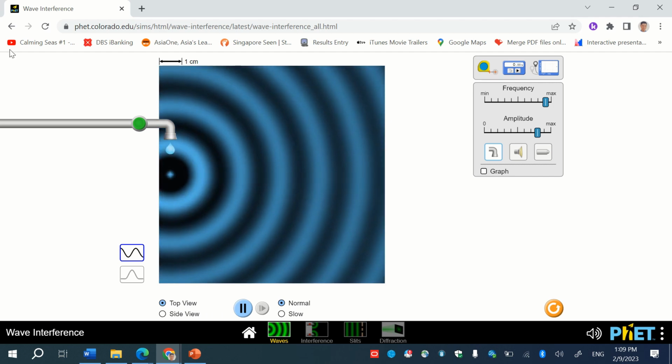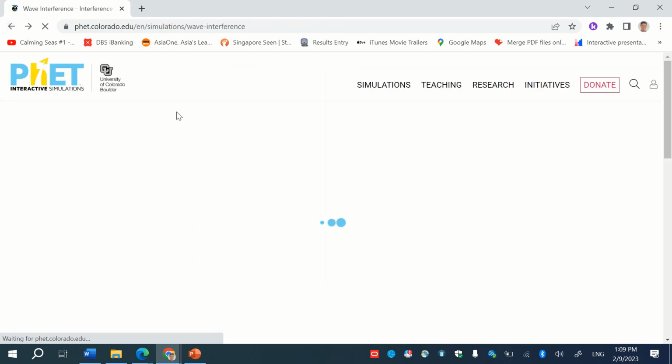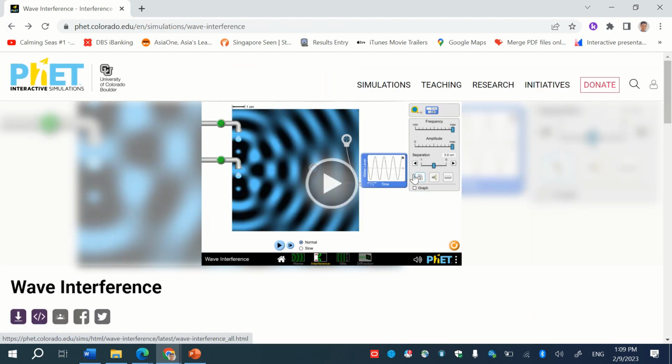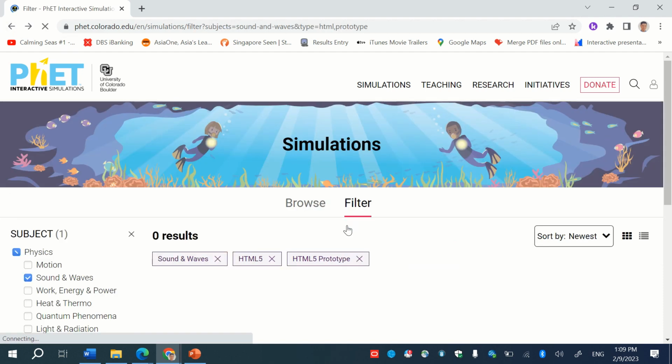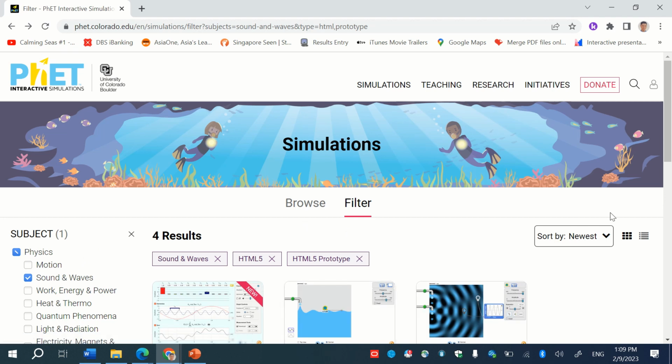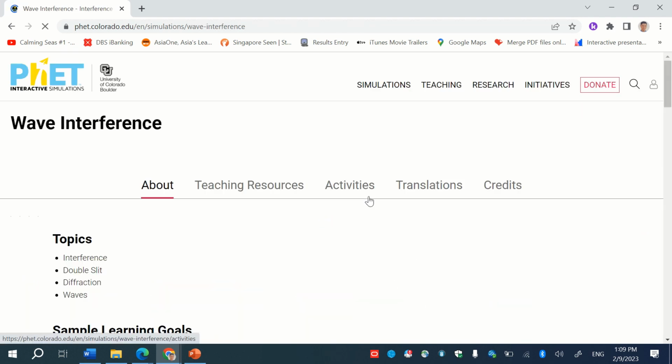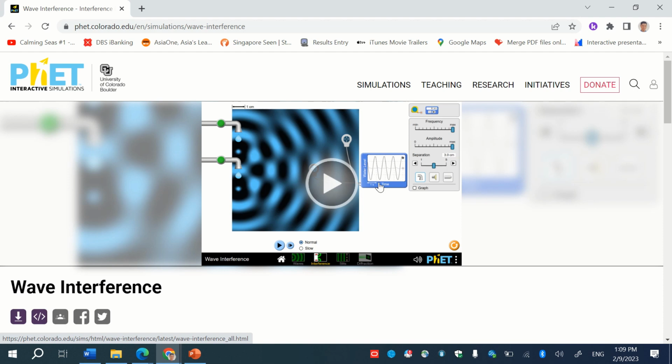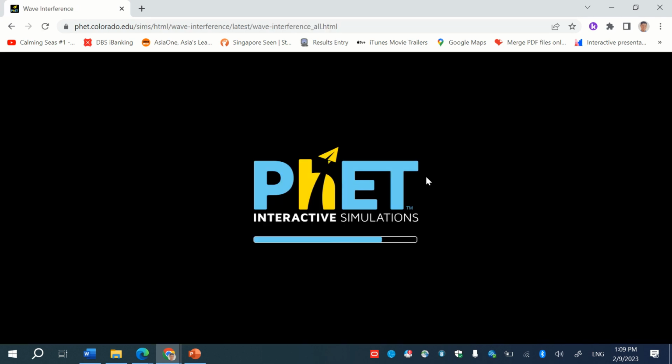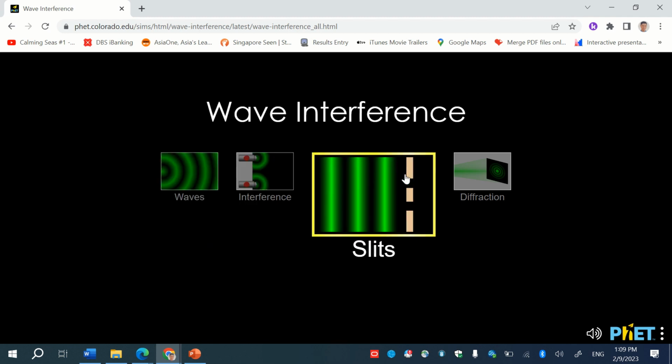If I want to see plane wave, this is what I can show you. Plane wave is this one.